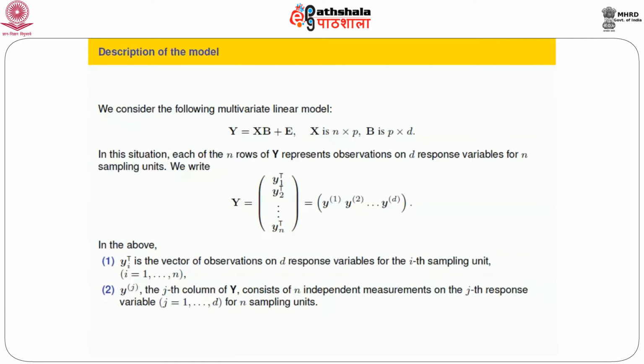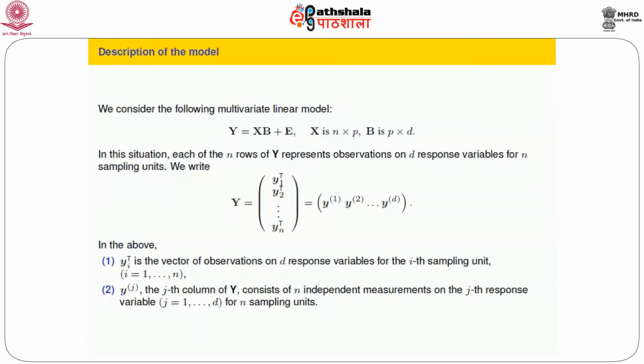Y superscript j, the jth column of capital Y, consists of n independent measurements on the jth response variable. If we look at simply the first column, it will give us the n independent measurements on the first response variable for n sampling units. So basically the rows correspond to sampling units, and the columns correspond to measurements on the response variables.